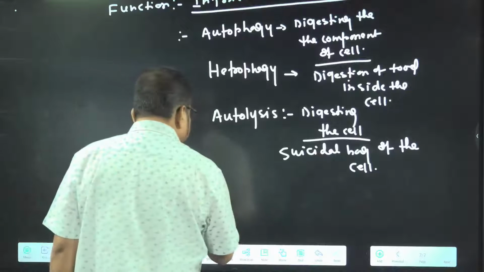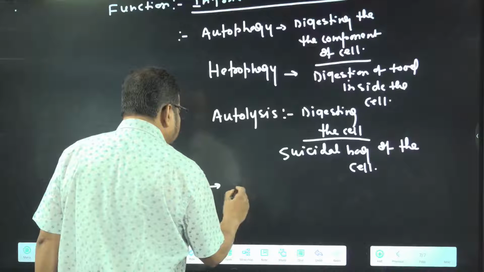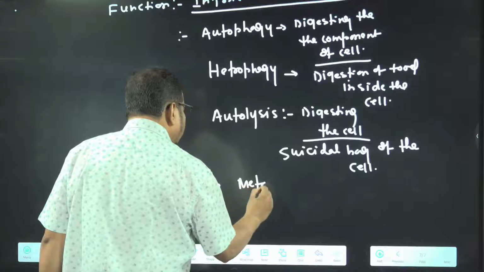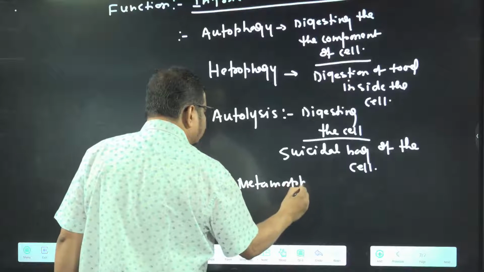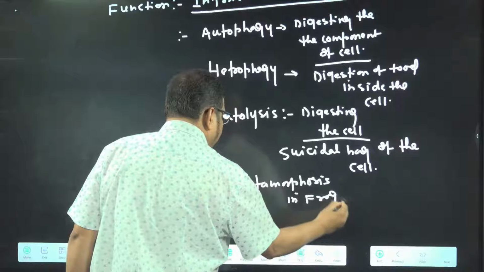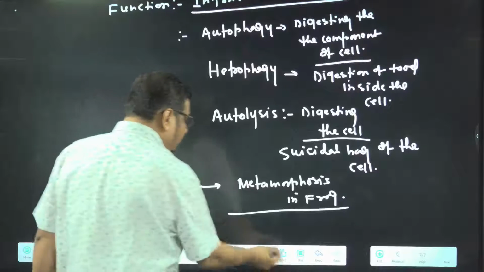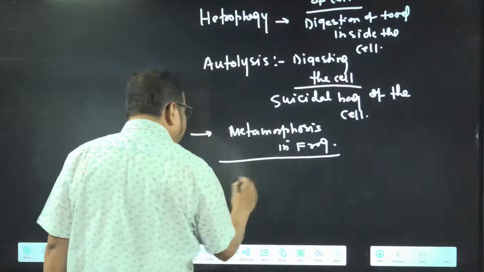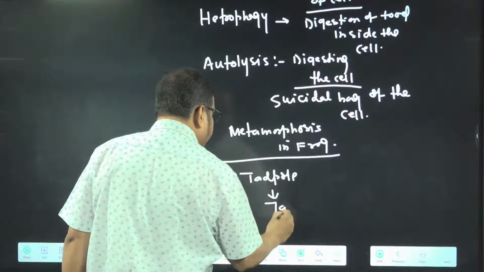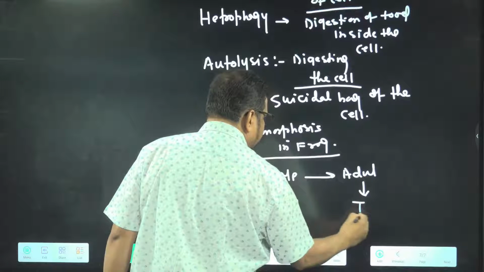Now, metamorphosis in frog. Also, who is performing a role? Lysosome. How? In the tadpole, the tail is there, and in the adult frog, the tail is absent.